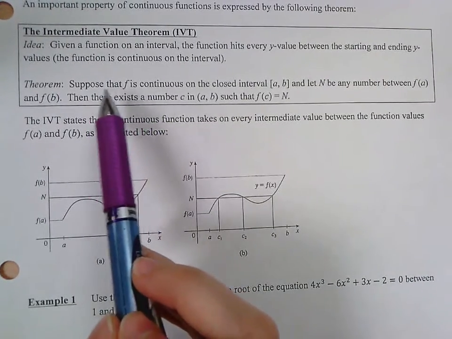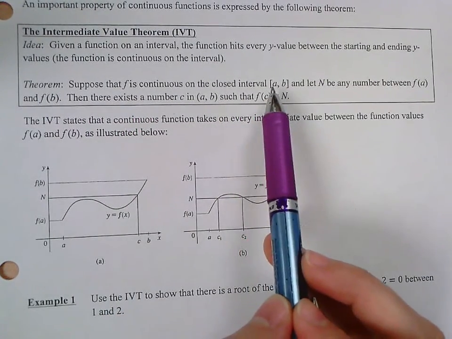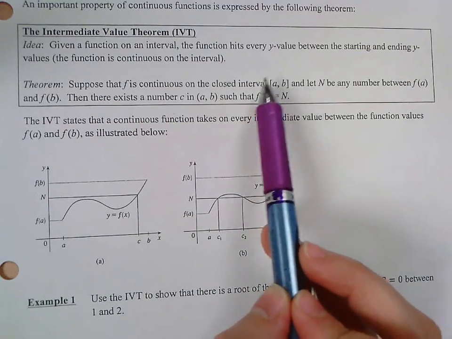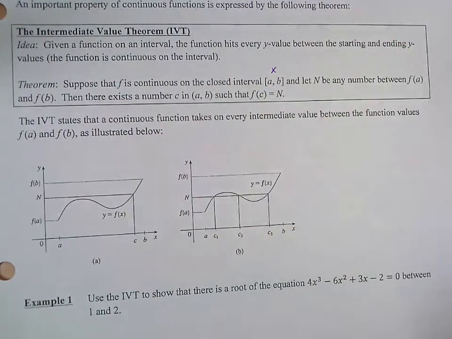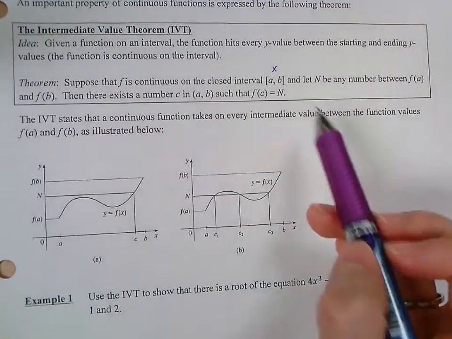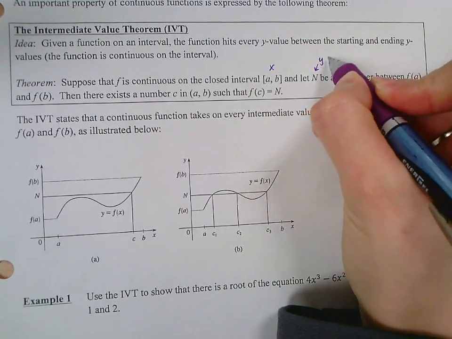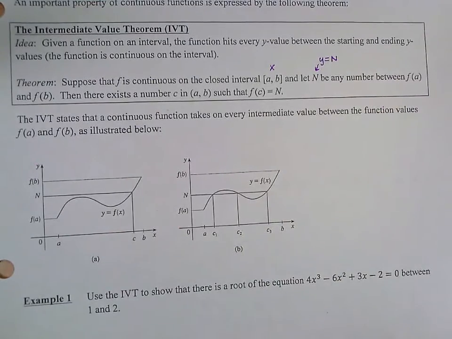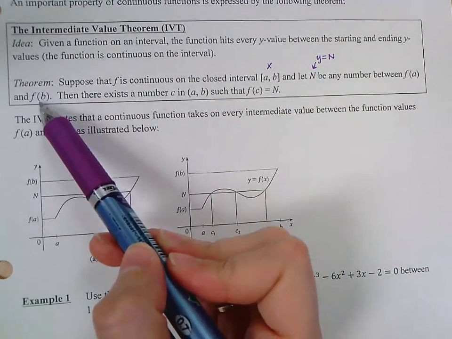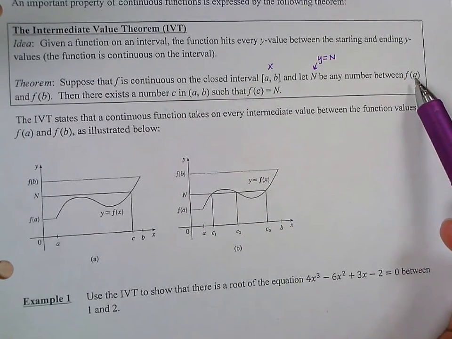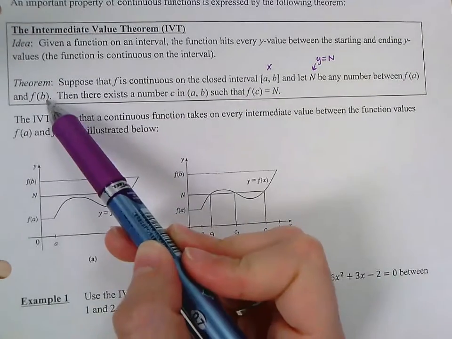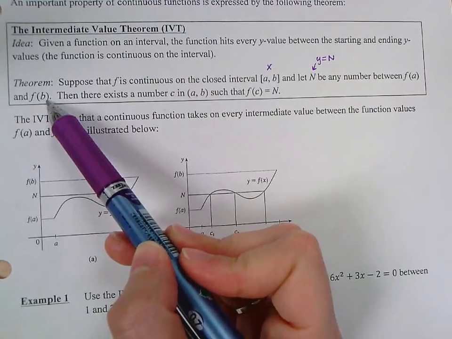It says suppose f is continuous on the closed interval from a to b. So this would be an x range. And then it says let n be a y value. So let n be any number between f of a and f of b. f of a would be your starting y value, f of b would be your ending y value on that interval.